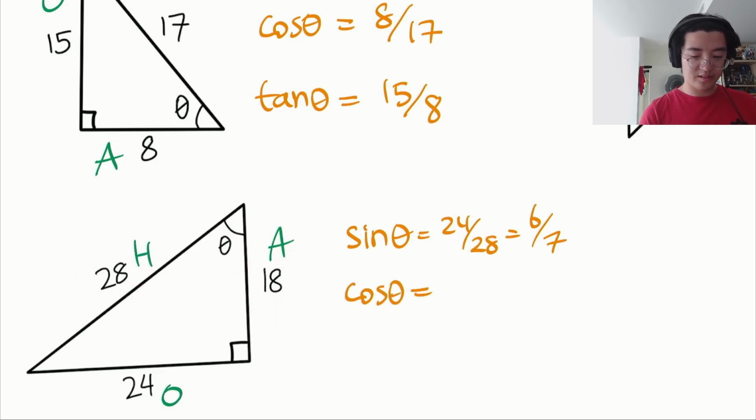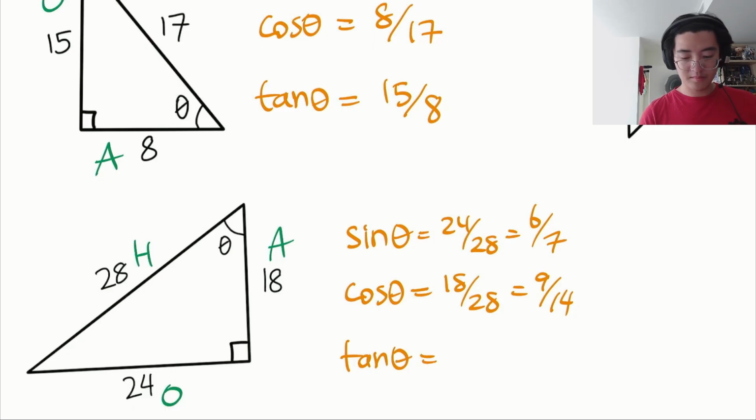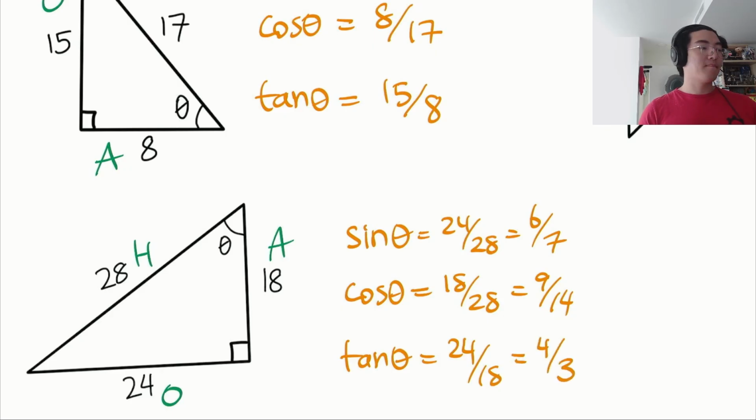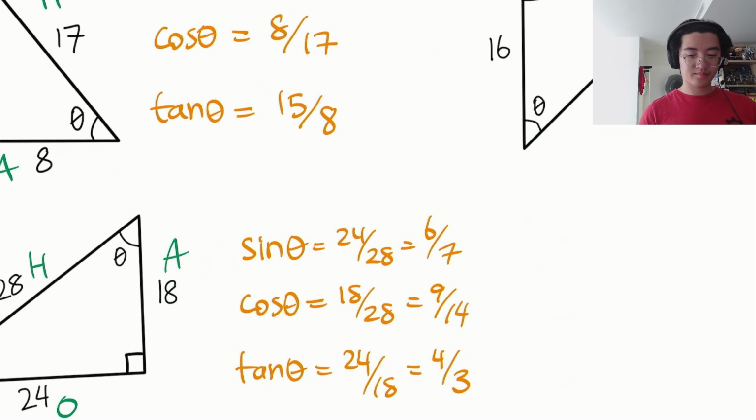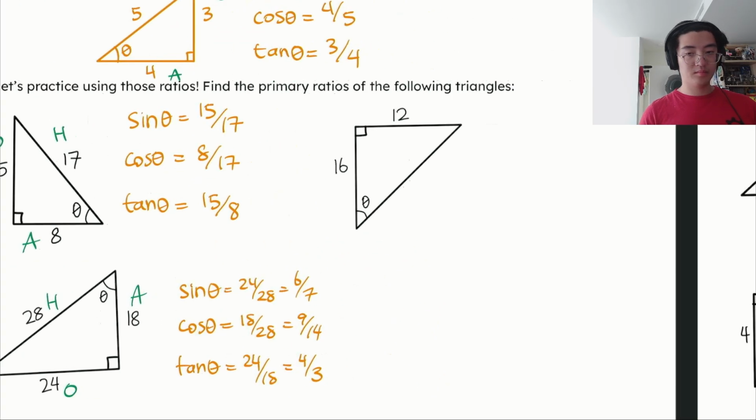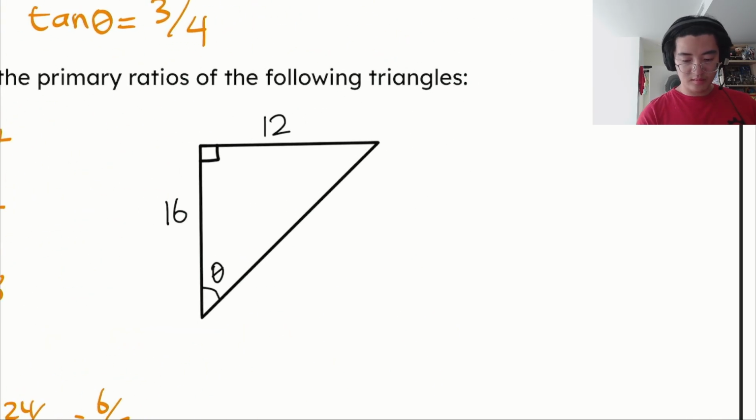Cosine is adjacent over hypotenuse, reduced to 9 over 14. Tangent is opposite over adjacent. Just like that.